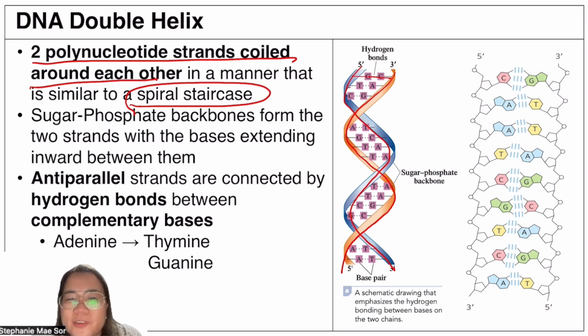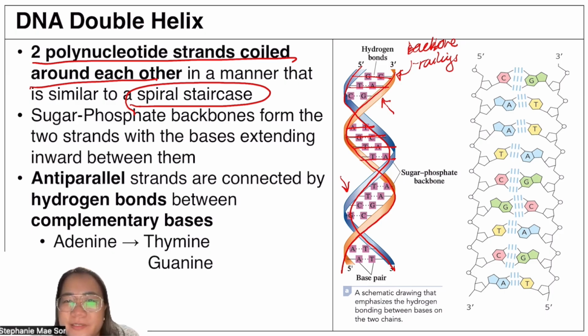So, the sugar-phosphate backbone, siya yung railings ng spiral staircase. This one is a backbone. This one is another backbone. And then, in between the two strands, you have the bases extending inward between them.